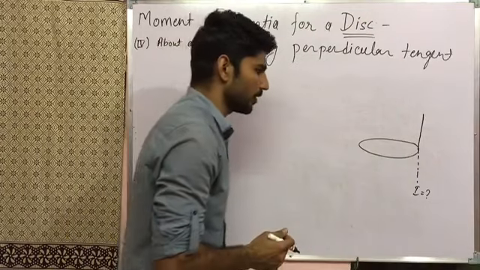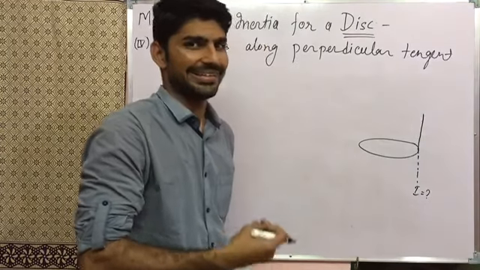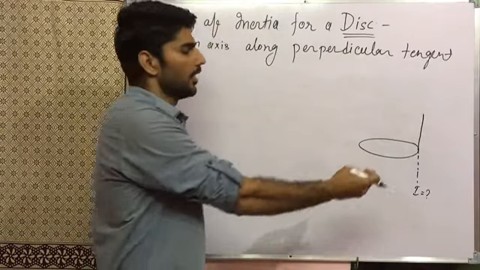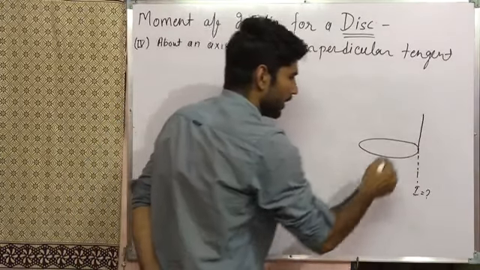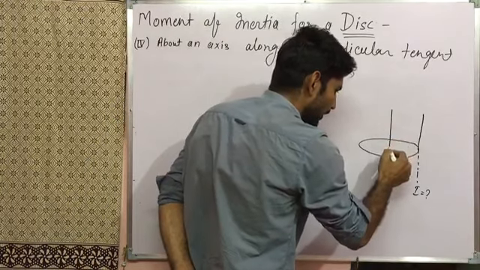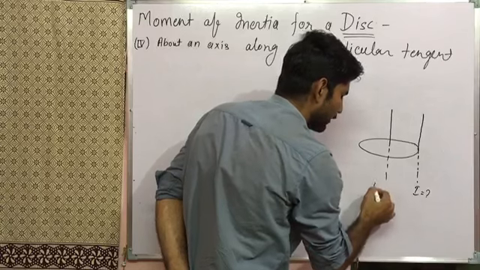To determine the moment of inertia along this axis, we also use the parallel axis theorem, and the parallel axis theorem says we need another axis parallel to this axis, and here we have another parallel axis, the I naught.